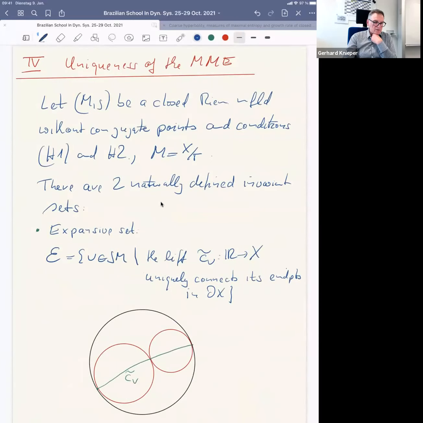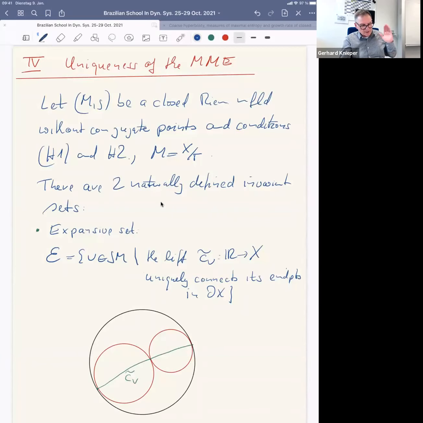So you have a closed manifold without conjugate points, and these conditions H1, H2, which we introduced. And under these conditions, as we just mentioned, there are two naturally defined invariant sets. One set we call the expansive set. The expansive set is somehow kind of the same thing as transversality of stable and unstable, but not quite transversality.